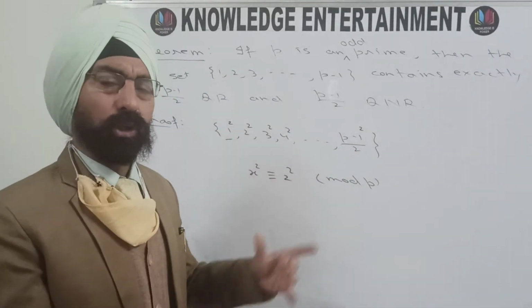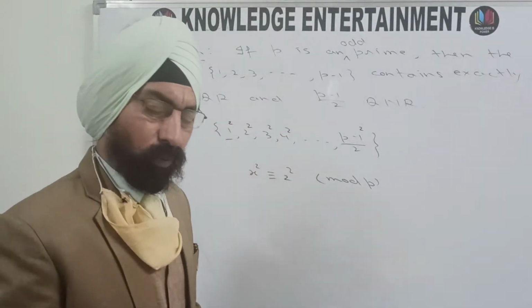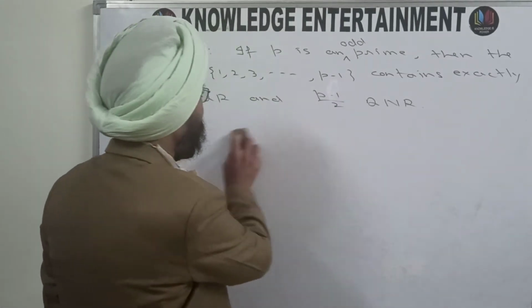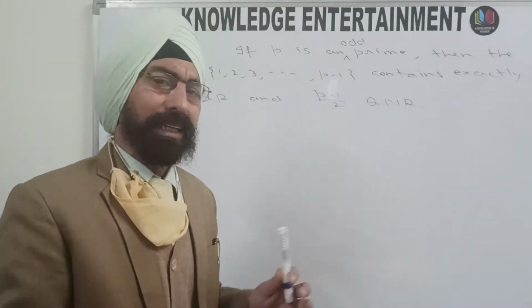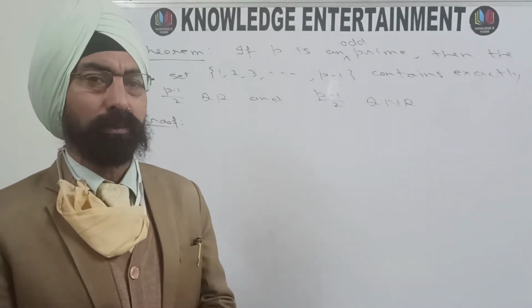You will have the solution of these congruence equations, and when you compare these numbers with the set 1, 2, 3 up to P minus 1, how many congruence equations are having a solution now? Exactly P minus 1 by 2.